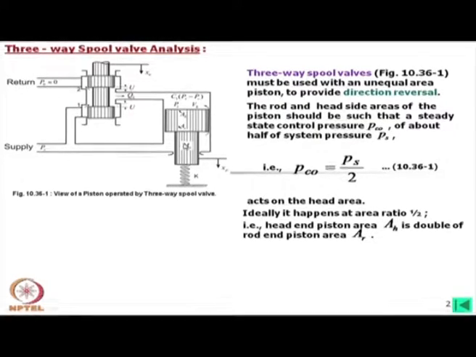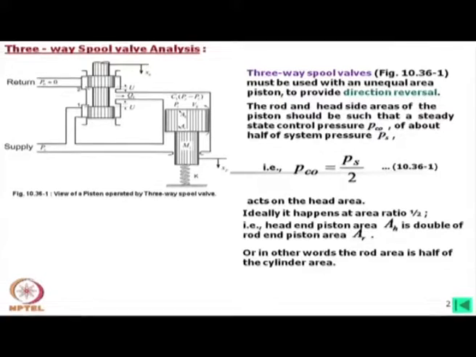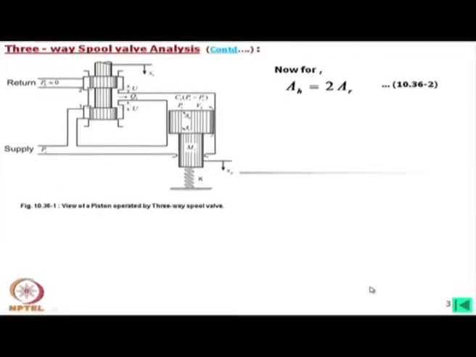So, usually you will find that this is also looking very thick, because this diameter is more than half of the piston diameter. Anyway, this area ratio is maintained half ideally, or in other words the rod area is half of the cylinder area. We can express this in the formula like this, AH is equal to 2 AR.